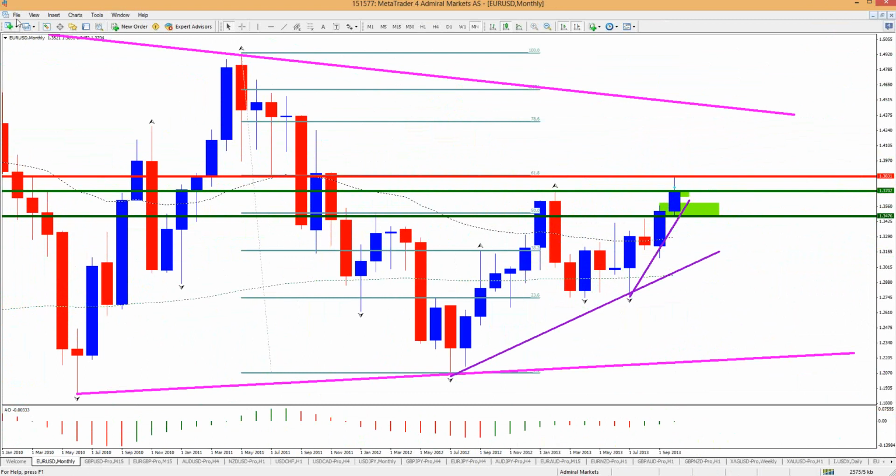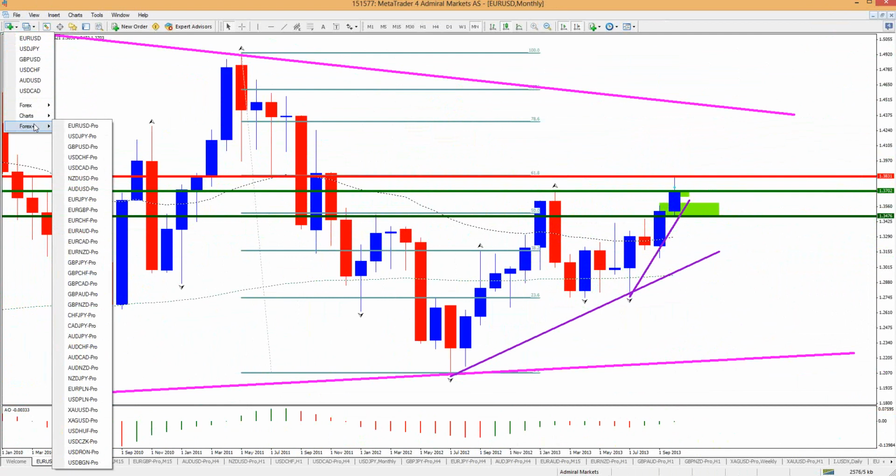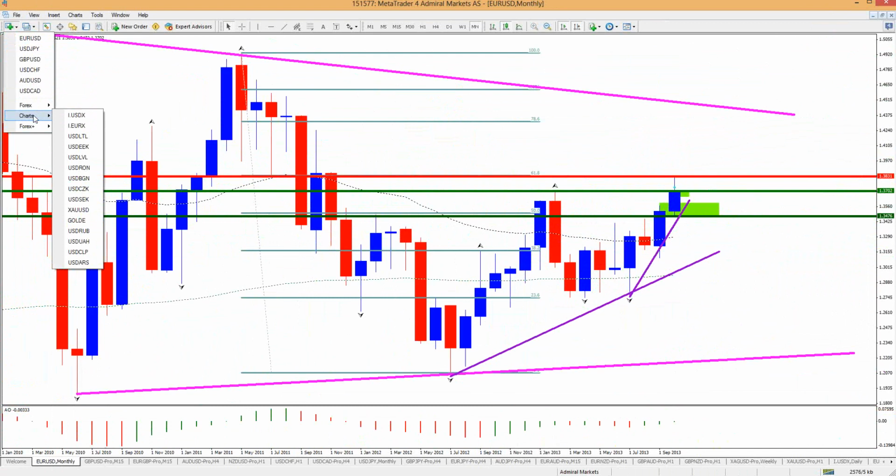Crude oil, let me take a look. Do I have it? Where can I find it? I wouldn't mind at all, I just don't know where it is. I know that I have XAU and XAG USD, but other than that, can anyone help me? What is the symbol of that?